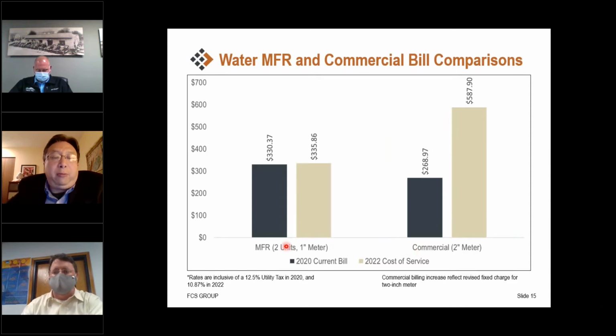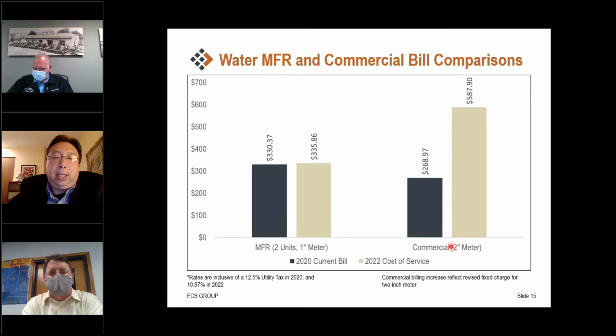Here's a multifamily residential customer as well as a commercial customer. And what we see here is for a commercial customer, their billing would increase by quite a bit, a little bit over double.